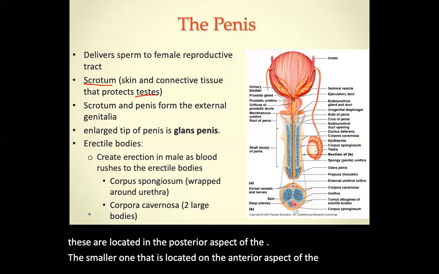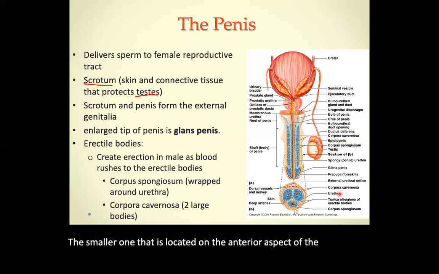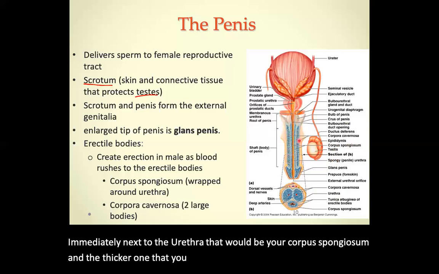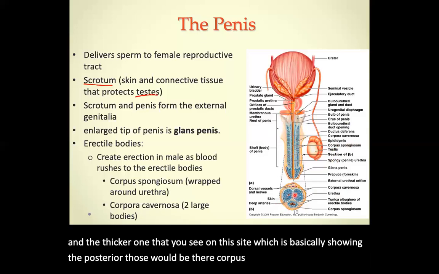Now notice right at the center of it, you have an opening, and that opening is the urethra. So if you're looking at the length of the penis and this opening right at the center, that's the urethra. The erectile tissue immediately next to the urethra would be your corpus spongiosum. And the thicker ones that you see on the side, which are showing the posterior, those would be the corpora cavernosa.